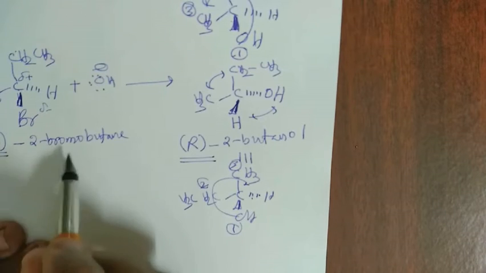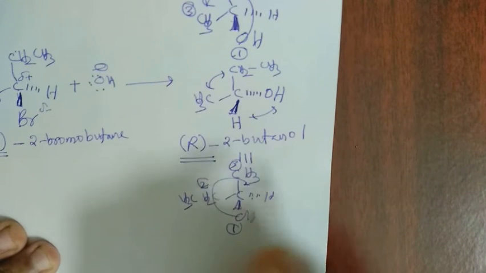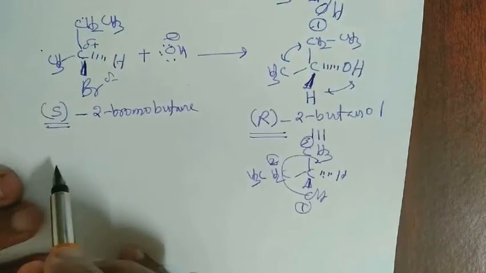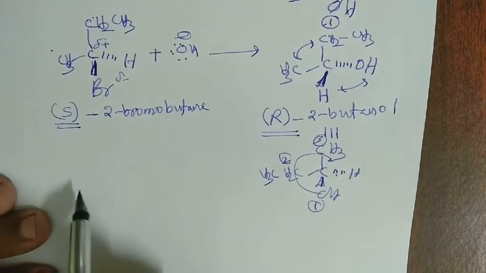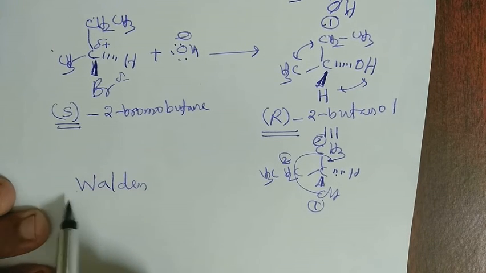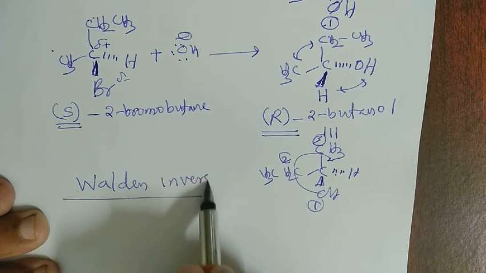That is, the S isomer of alkyl halide gives the R isomer of substitution product. It is called inversion of configuration. It was first discovered by Walden during his experiments with enantiomers of 2-chlorooctane. Hence, it is called Walden inversion.